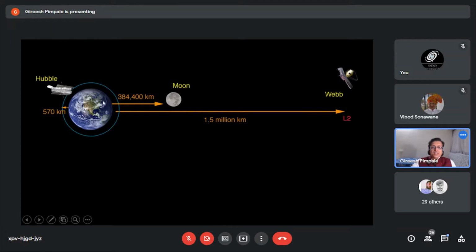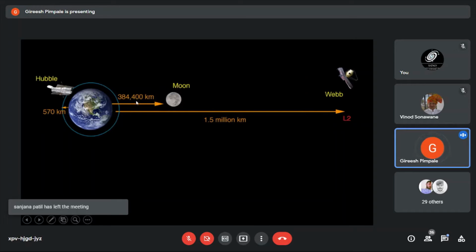Then see here, Hubble Space Telescope is going around the Earth in this orbit which is just 570 kilometers above the Earth's surface. That is where the Hubble is orbiting the Earth. Then the distance of the moon from the Earth is some 384,000 kilometers.